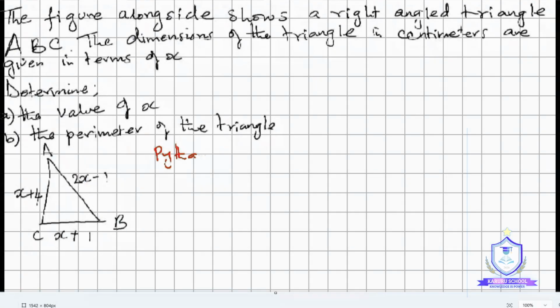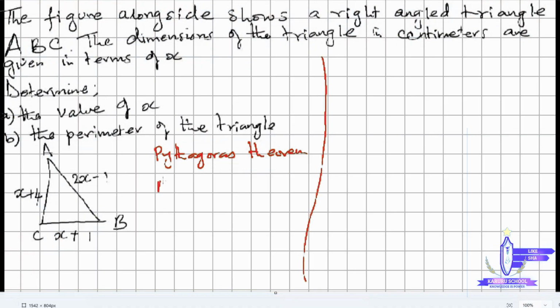Now to solve this question, we will use the Pythagoras theorem, which states that AB squared is equal to AC squared plus CB squared.